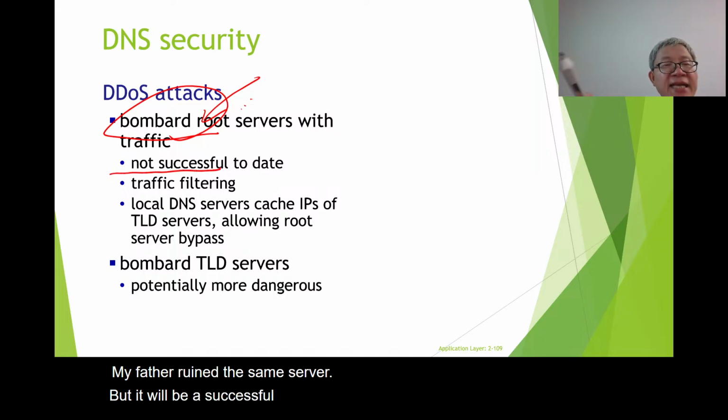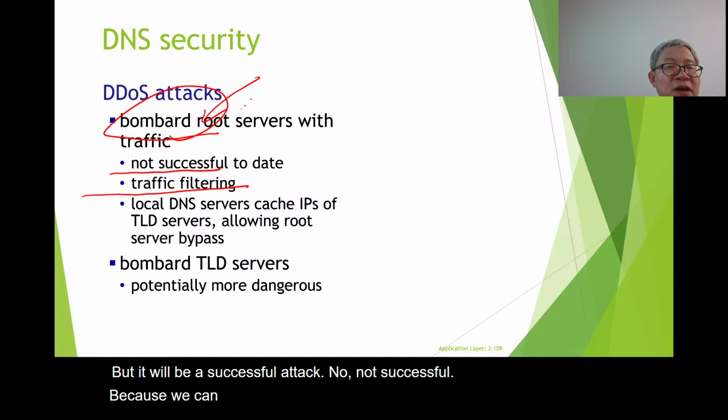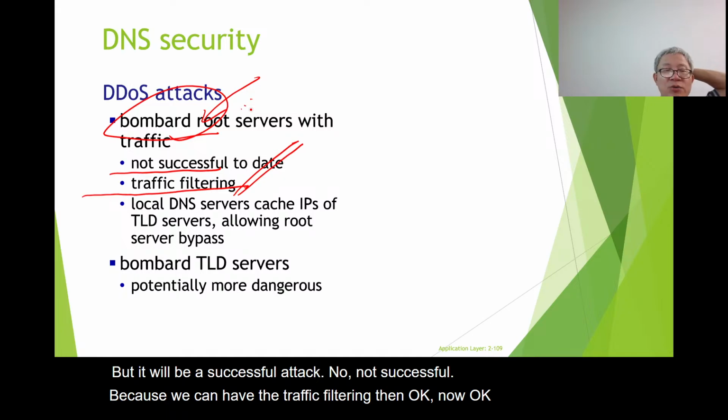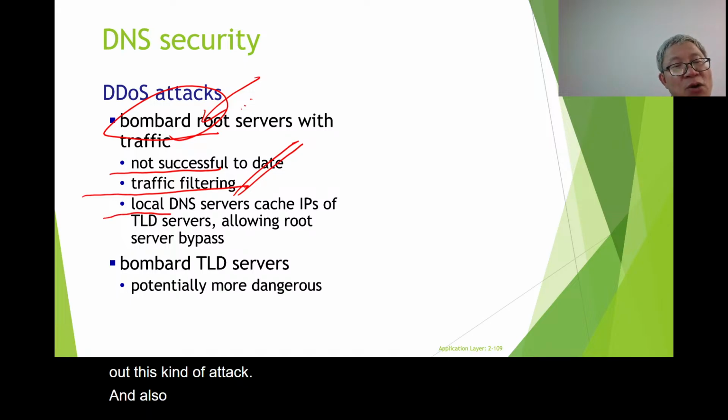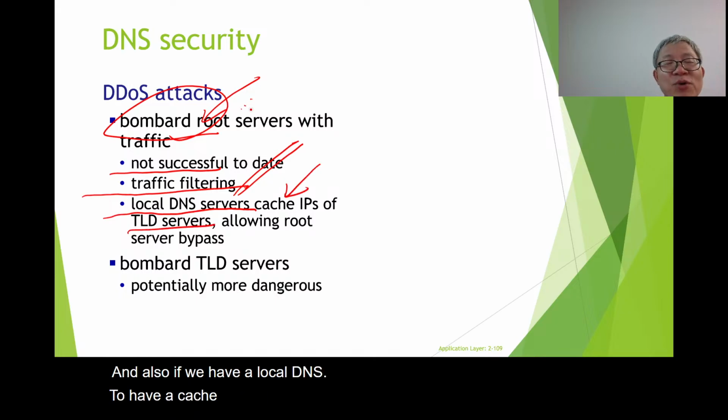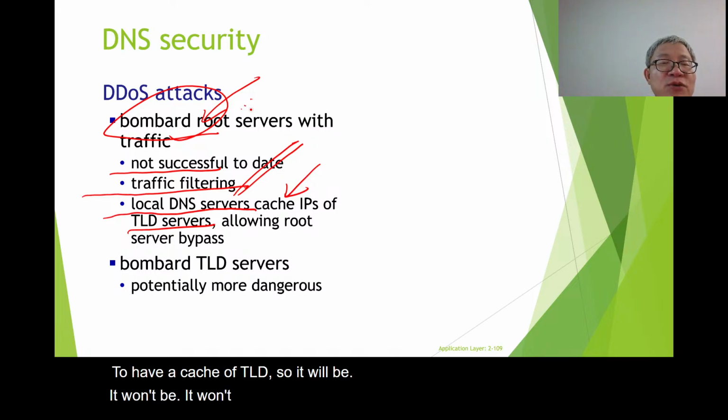No, not successful. Because we can have the traffic filtering, so we will filter out this kind of attack. And also, if we have a local DNS to have the cache of TLD, it won't be necessary to visit the root name server.